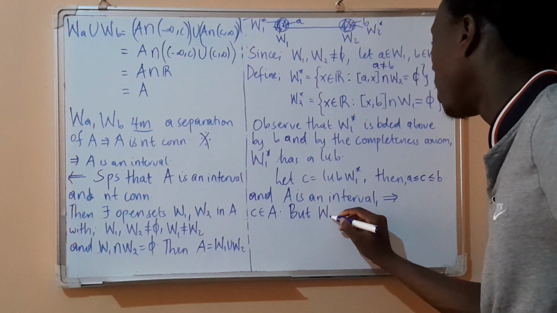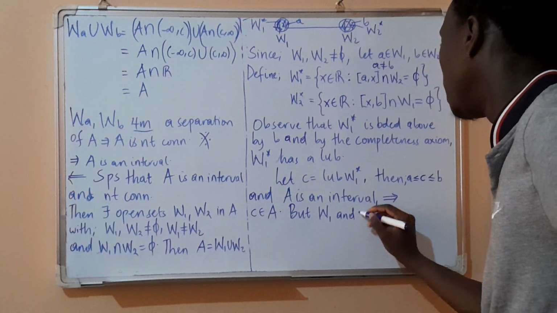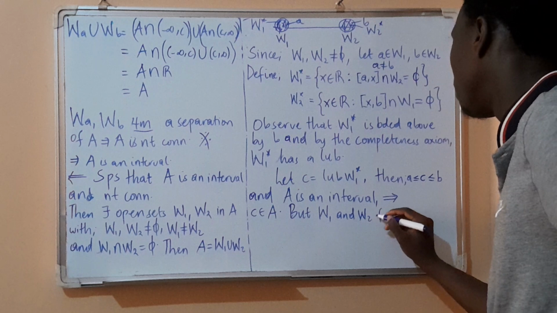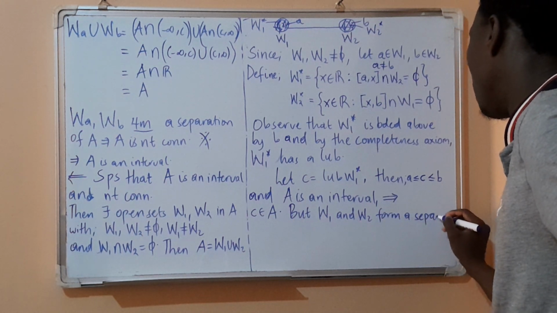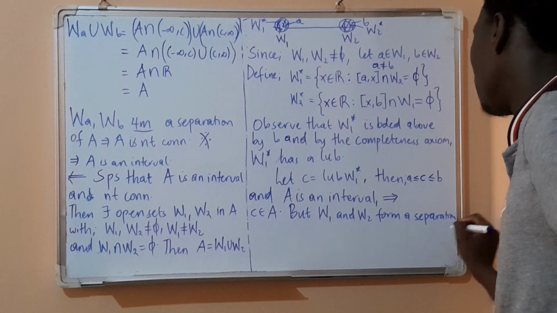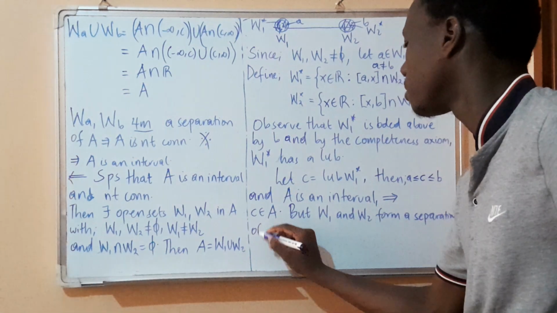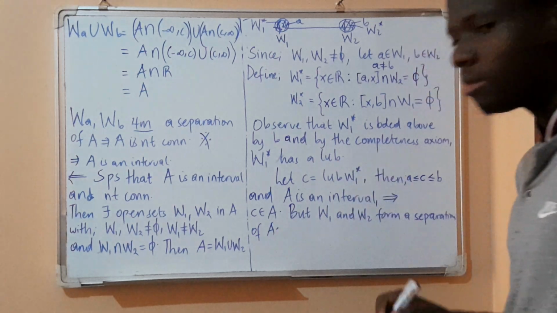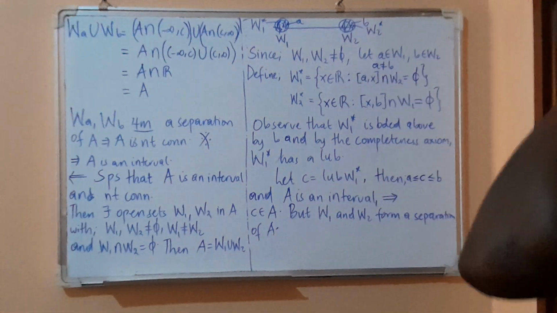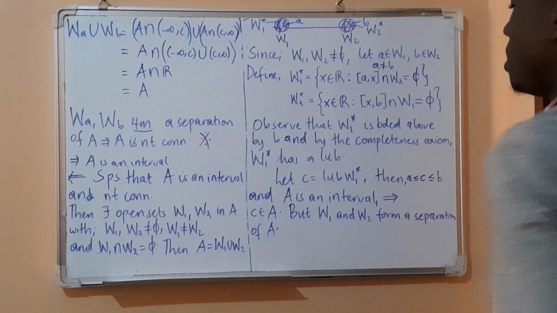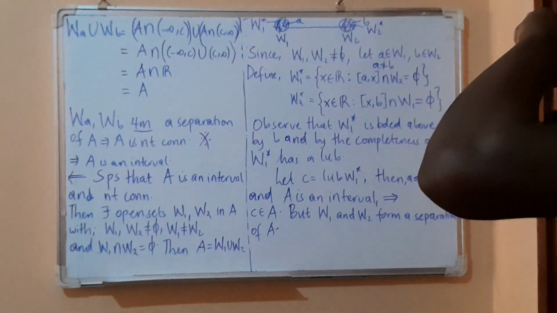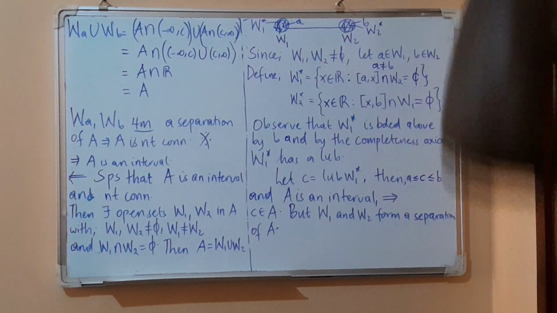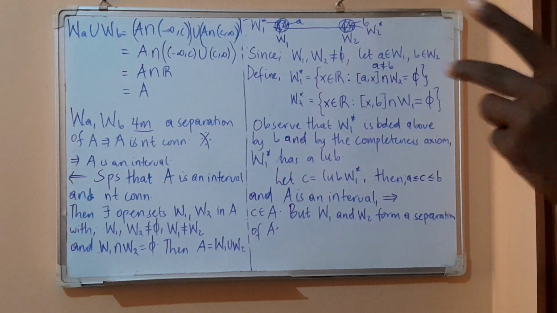But W1 and W2 form a separation of set A. And C is a point in A, and we are separating A into open sets W1 and W2.